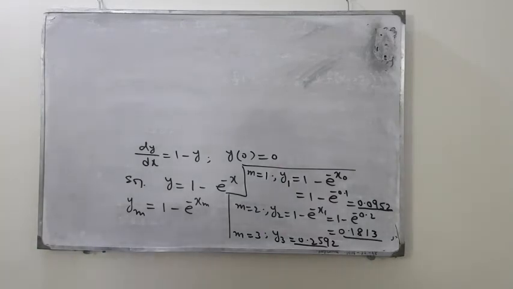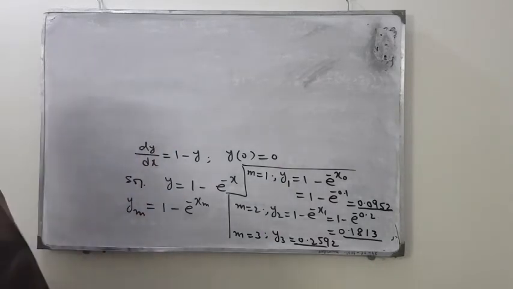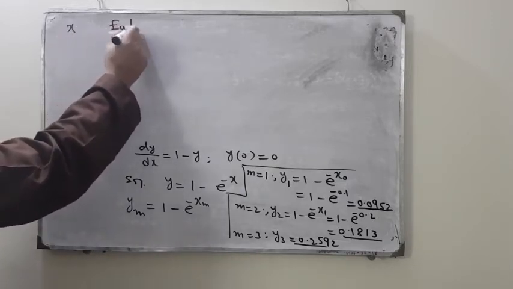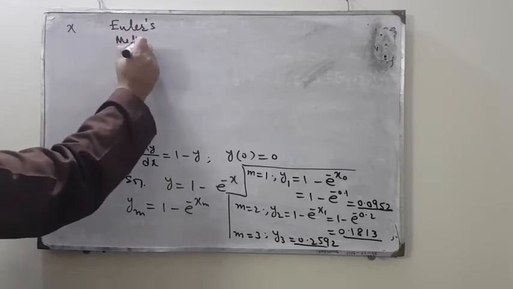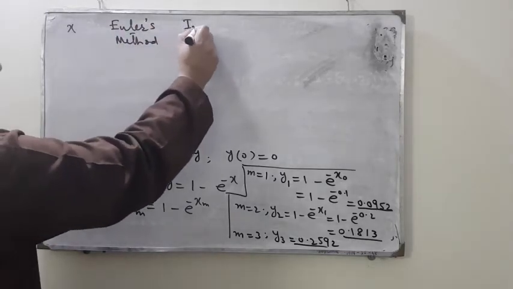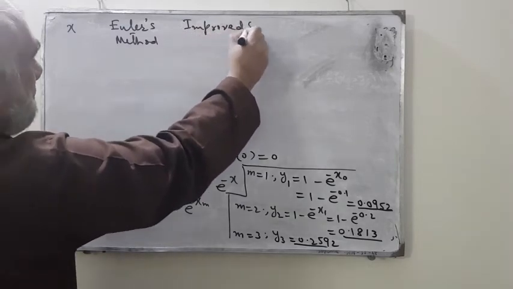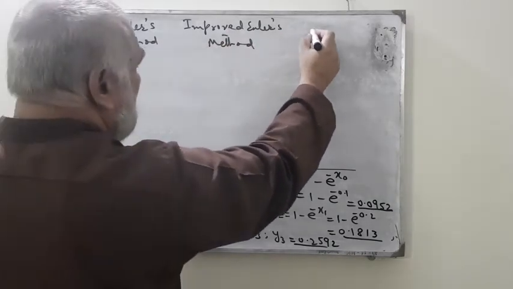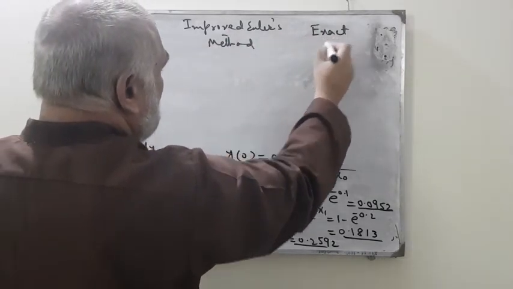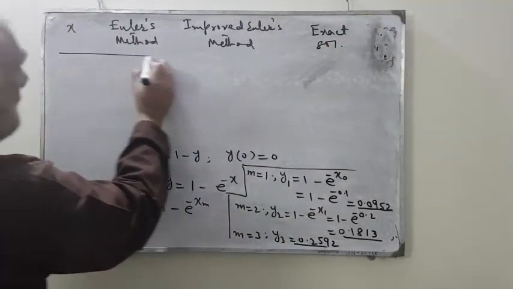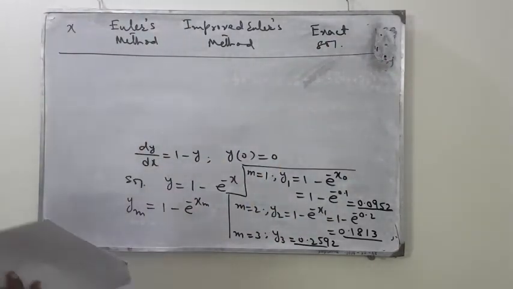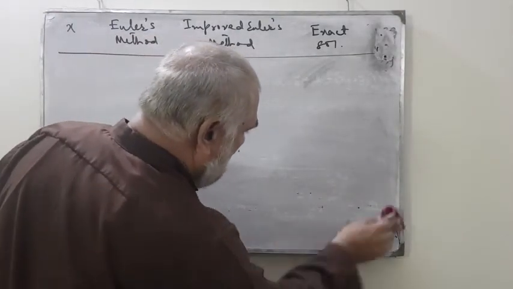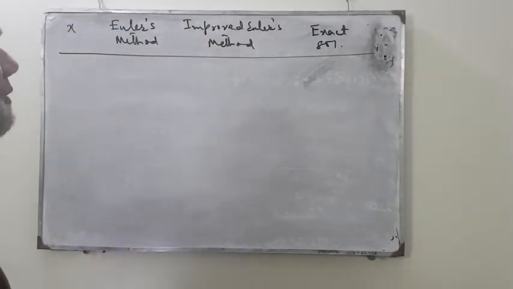The methods so far we have used, values of x, the Euler's method, the improved Euler's method, and then the exact solution. So these are the major heads under which we have to put in the values. So let me erase it from here, and I bring all those values in the form of the table.